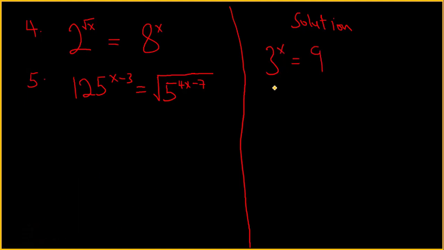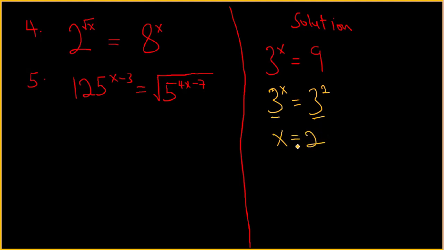Now we have 3 to the power x equals 9, and 9 can be written as 3 to the power 2. So this is the simplified form or the index form of this. And now since the bases are the same, the exponents are equated, and our value x is 2.